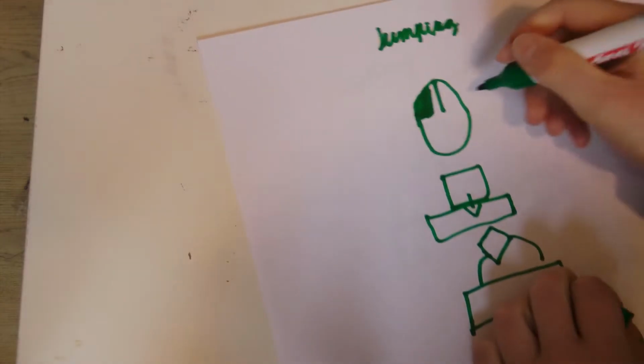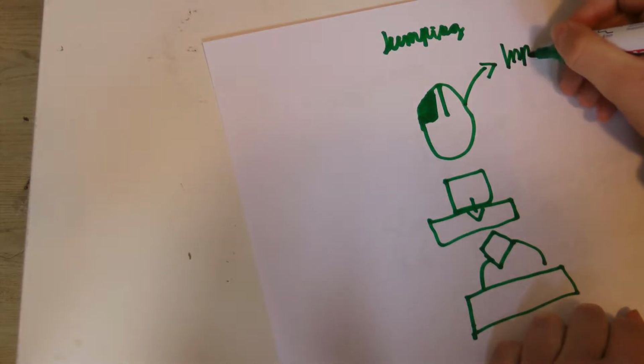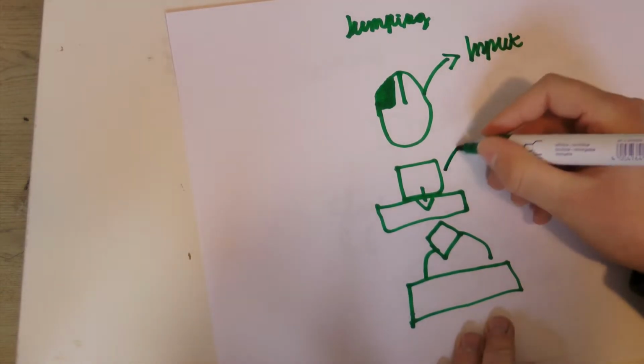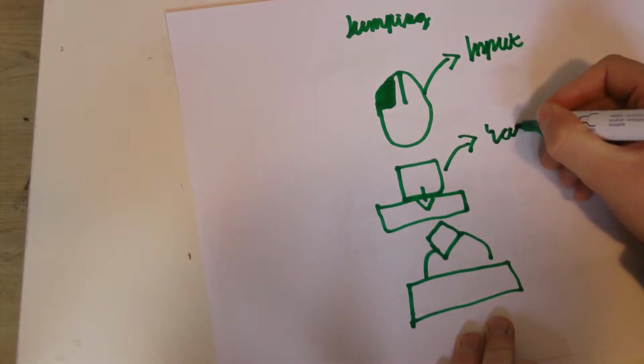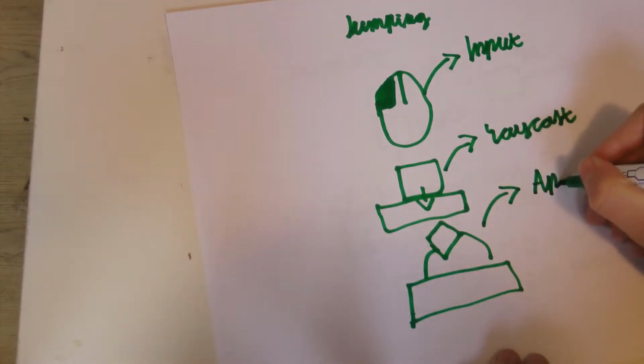So, how do we go about all of this? Well, for the mouse, it's pretty simple. This is just Unity's built-in input system. For checking the ground, we could use a raycast. For the jumping, we'll apply a force.